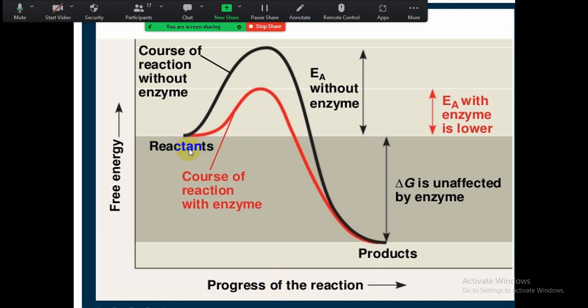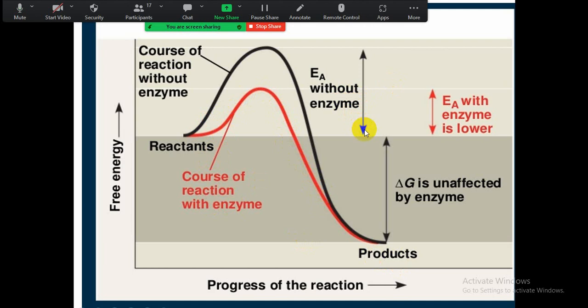For every reaction we need reactants, then products are formed after the reactants react or collide to form products. This red curve is the course of enzyme reactions.